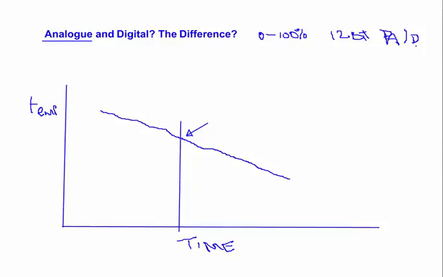So if it's 12 bits, anyone know what the resolution of the measurement is with 12 bits? Anyone help me with that? In other words, how many steps are there between the 0 and the 100% if I'm representing this signal digitally? Well, I can see typing. Anyone going to help me with a figure here?